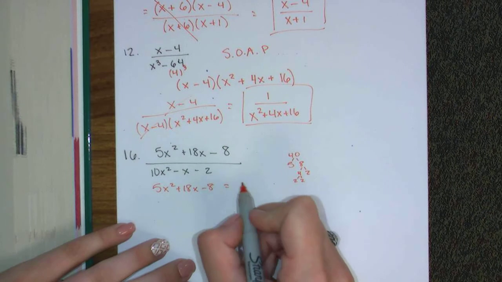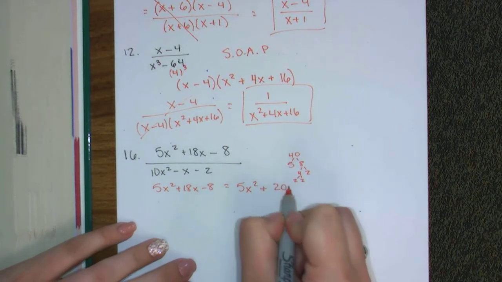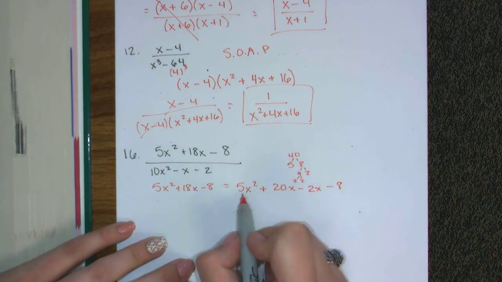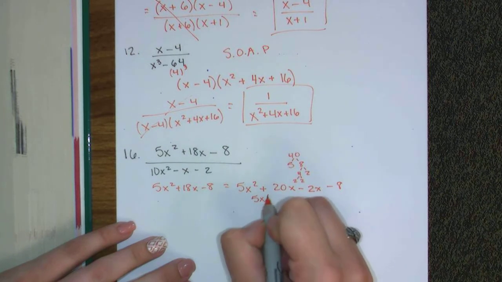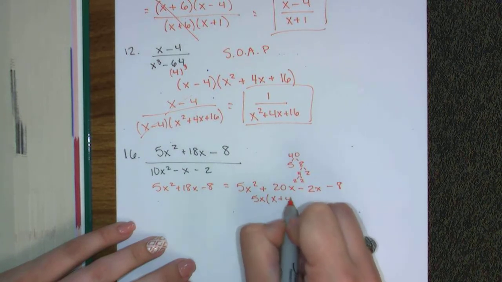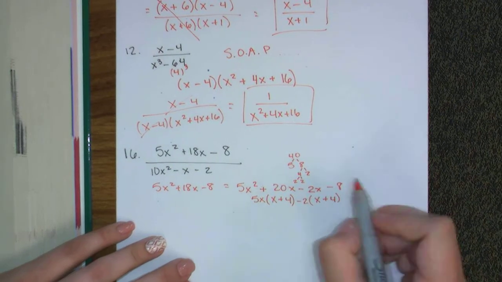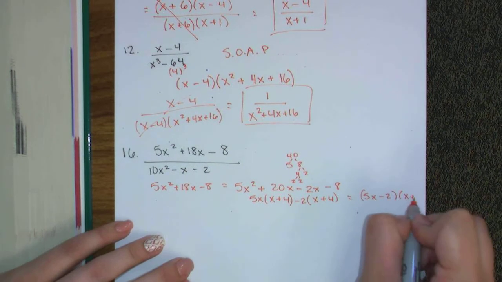So let's see, 5x squared plus 20x minus 2x minus 8. So I can pull out a 5x here, so that leaves me with x plus 4, and pull out a negative 2, leaving me with x plus 4. So this is 5x minus 2 times x plus 4.